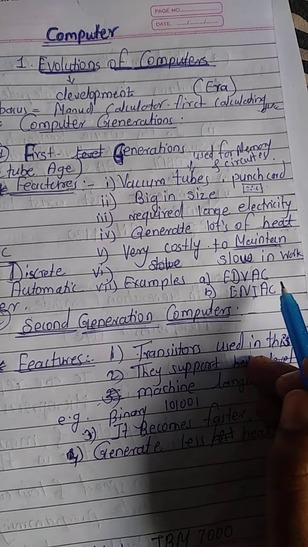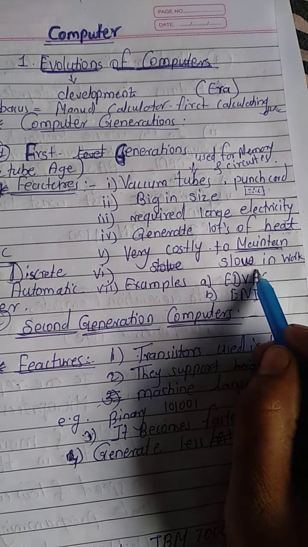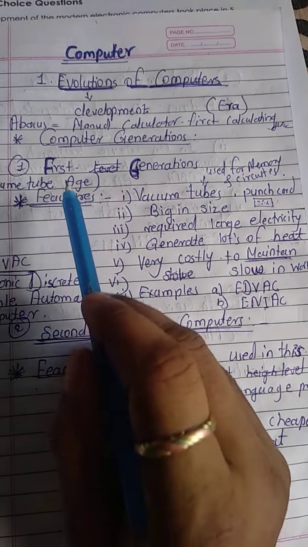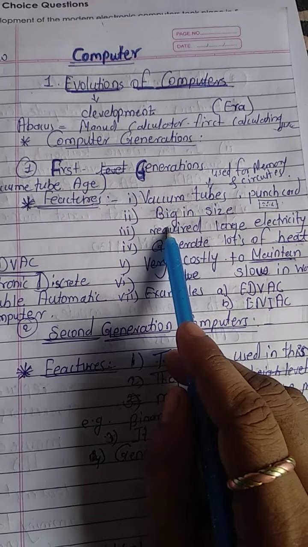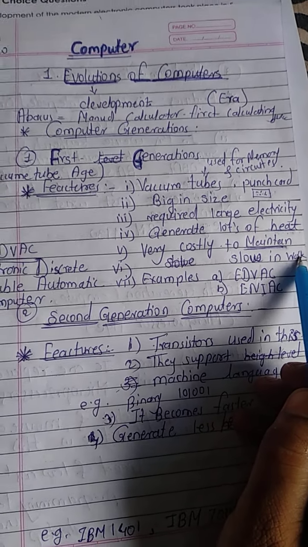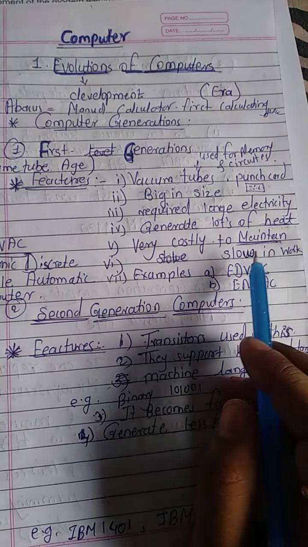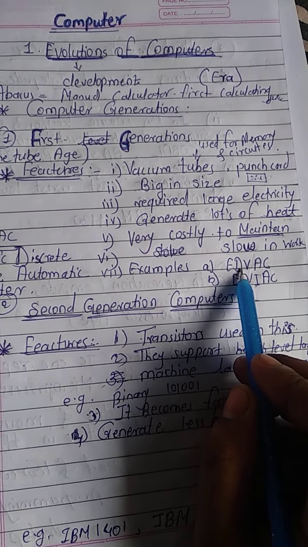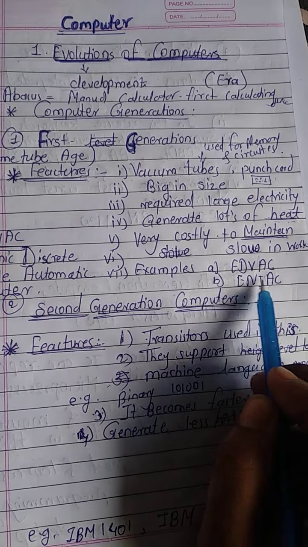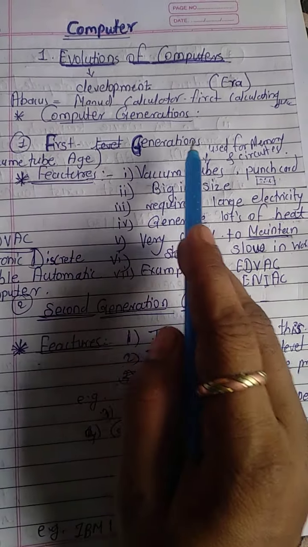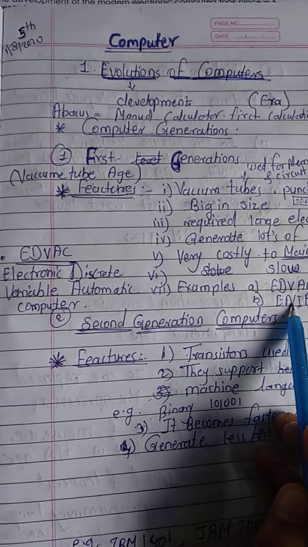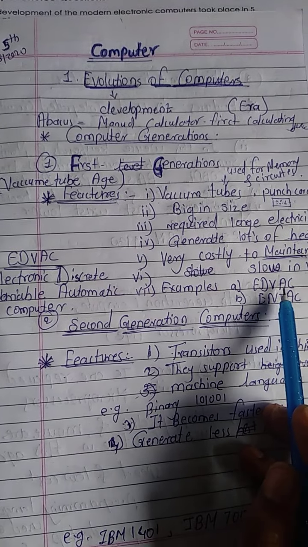Is this clear, everyone? And the next feature is that they are slow in work. First generation computer machines are very slow in work. Do you know examples of that type of machine? EDVAC and ENIAC. These are examples of first generation computers. What is the full form of EDVAC?